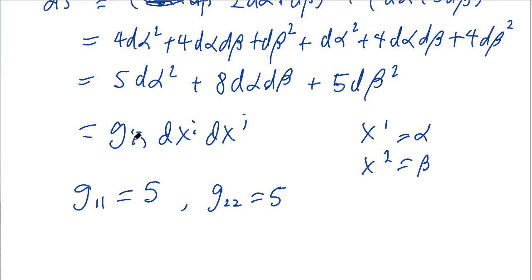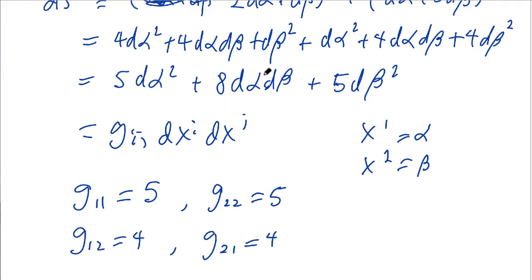And g12 and g21 are both contained in the cross term, so I'm going to let g12 be 4 and g21 be 4. We always split up the cross terms in this way so that if you think of this as a matrix, it's a symmetric matrix. Half of the 8 goes to d alpha d beta, the other half goes to d beta d alpha.